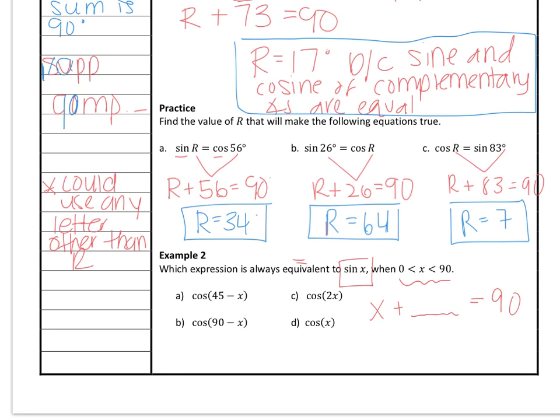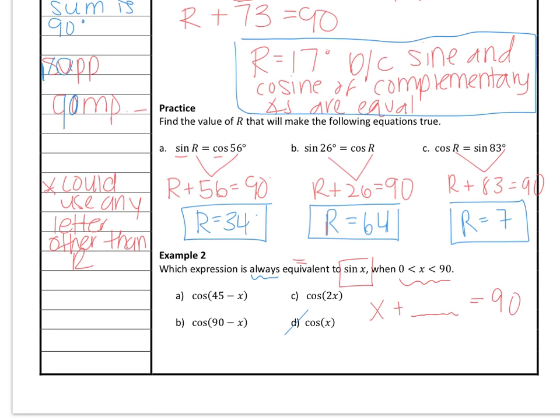We don't know exactly what that something is, but we can look at our choices here, and we know that in order to have something equal to 90, we can't just have the value of x itself, right? Because we don't know what x is, and it may not always be true. What if x is 10? Then I can't have 10 plus 10 equals 90. That doesn't work, okay?